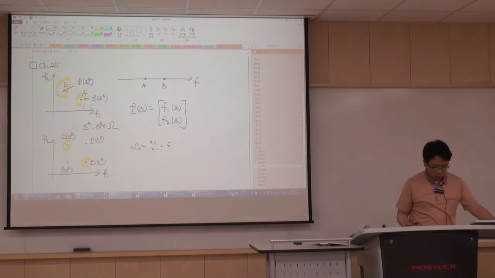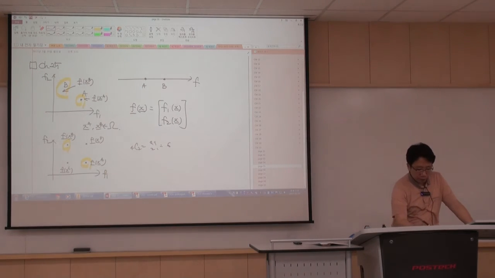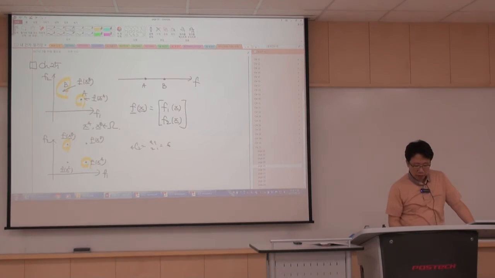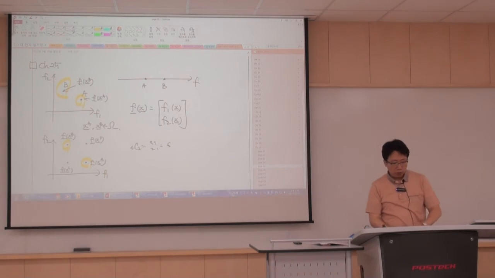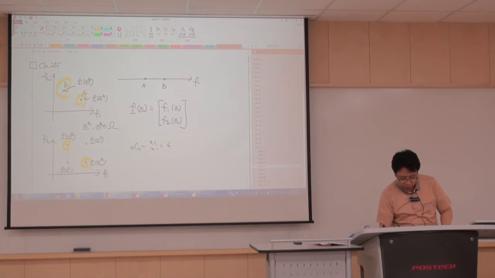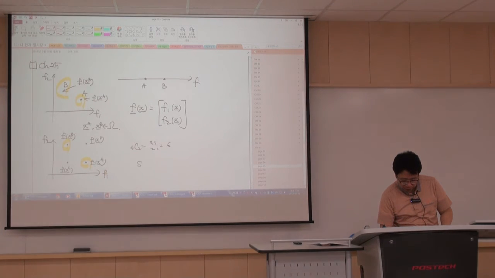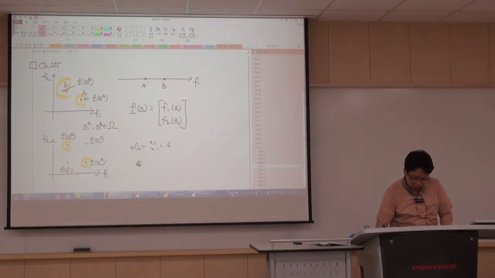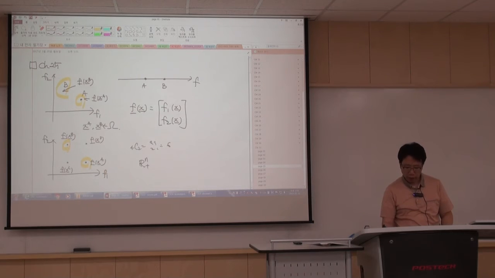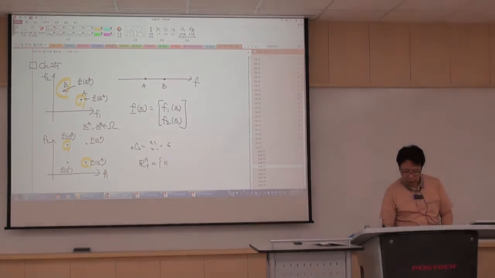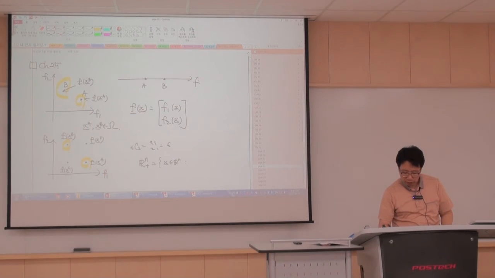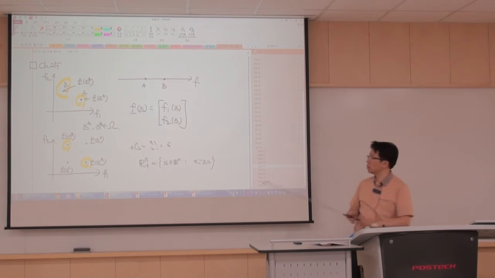So what we do is this. In the 2-dimensional case, it's like this. Let's say that Rn plus is defined as x in Rn, where all xi are greater than or equal to 0. So what is this? The first orthant.